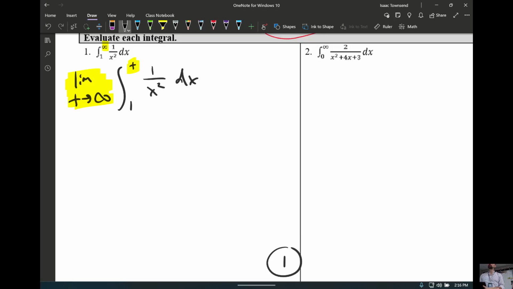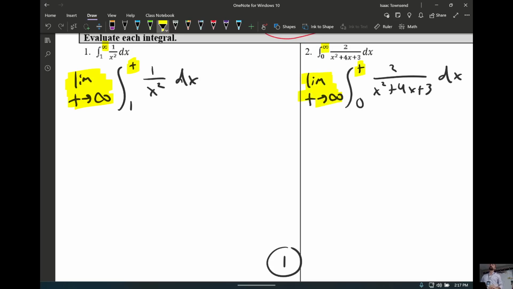We don't want to leave infinity in the integral, so we'll change it to a t. At the end, we'll do the limit as t approaches infinity, and then all of that is going to be equivalent to the original question. So I'm highlighting the part you're trying to change and how we are dealing with that change.